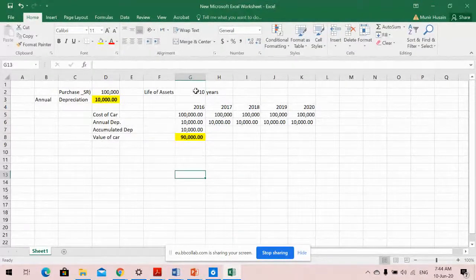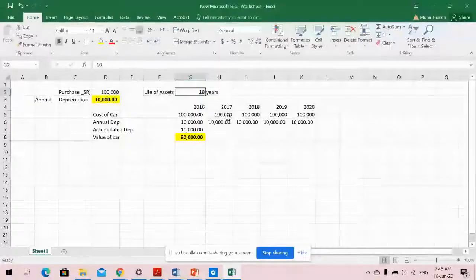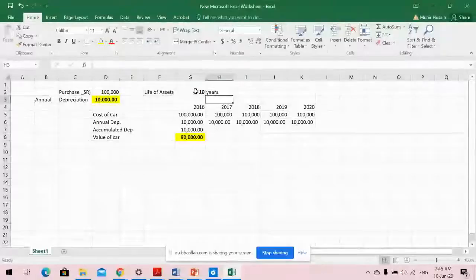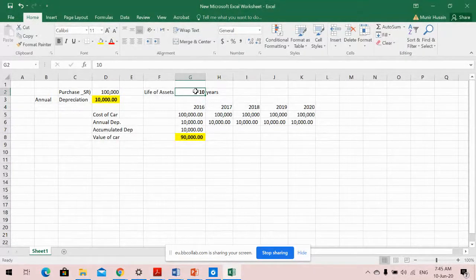You as an engineer say that the life of this asset is 10 years. Imagine a car, just as an example. In real life, it could be a plant, a building, or some equipment like a CNC lathe machine. So it is 10 years. Who gave this information? From engineers, right? The life of an asset is not known by the accountant. It is from the engineers.